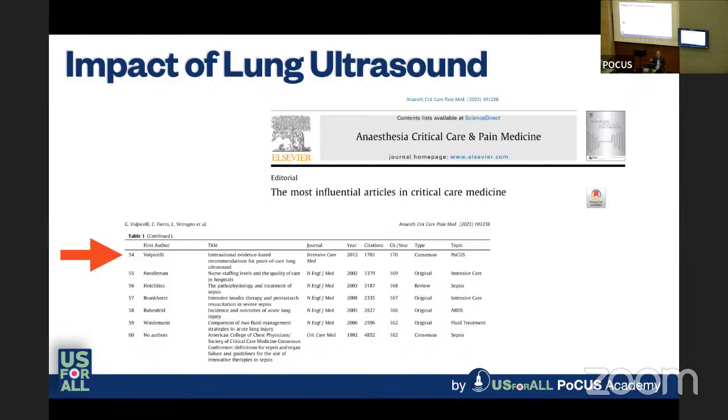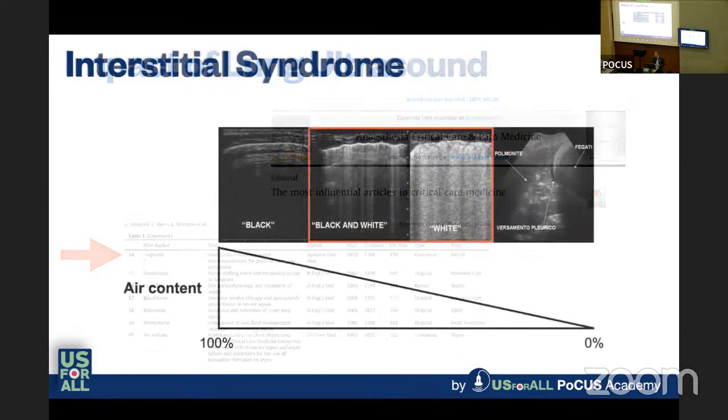And the only paper about point-of-care ultrasound. So this means that the practical impact of this topic is really amazing, is something that we couldn't imagine when we published this consensus conference.